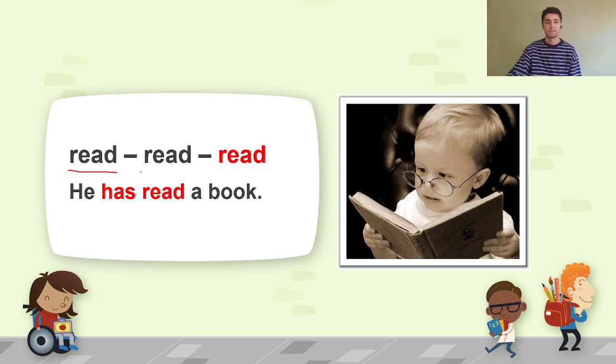And the second form of read is read. And the third form is also read. And for the present perfect, we use the third form of the irregular verb. If we make a sentence here, he has read a book. This boy has read a book.